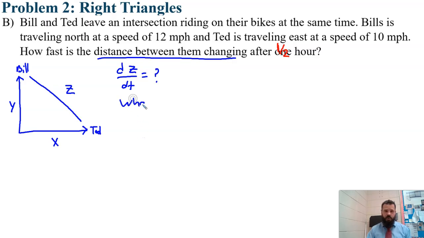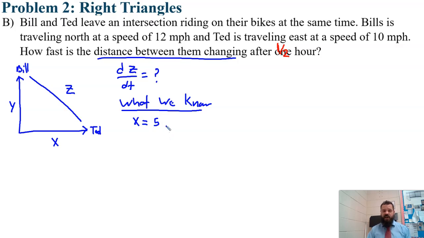All right, what do we know? Well, we're looking for when x happens, shoot, it doesn't give us the x. How fast is the distance changing between them after half an hour? Well, we're not given the x explicitly, but if we're going 10 miles per hour for half an hour, that would be 5 miles.